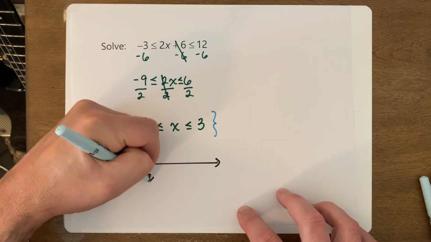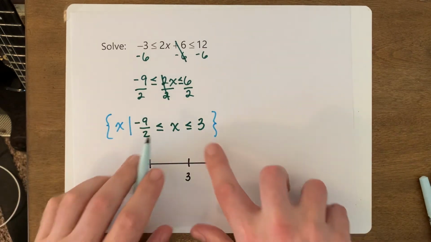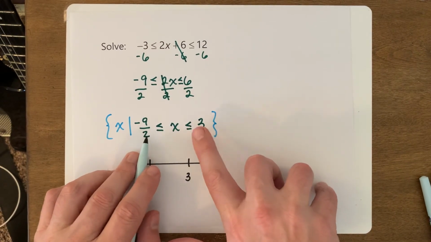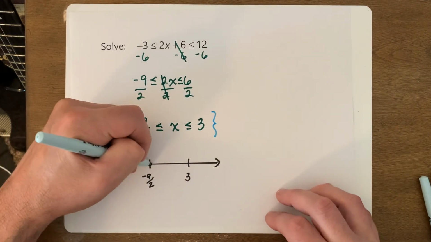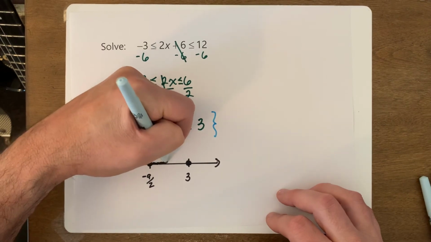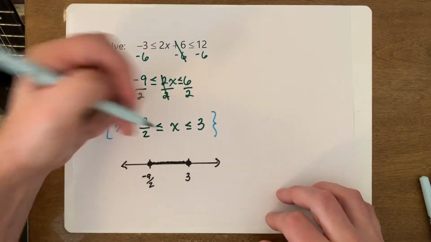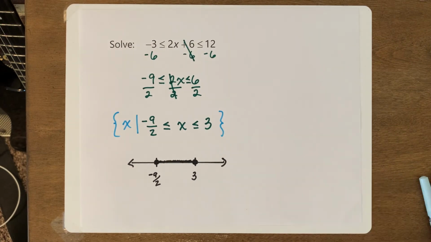Don't freak out because it's a fraction, it's no big deal. Got a 3 here. All real numbers in between negative 9 halves and 3, and including negative 9 halves and 3. So we've got 2 closed circles, and we're going to shade the middle part just like that. And we're going to make all our teachers and professors happy because that is it.